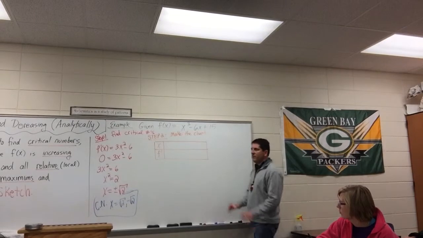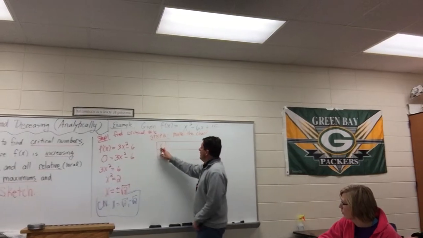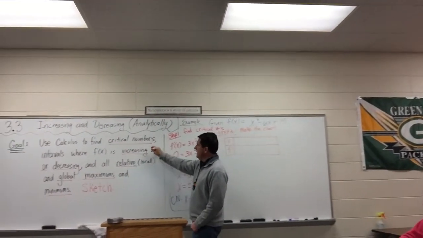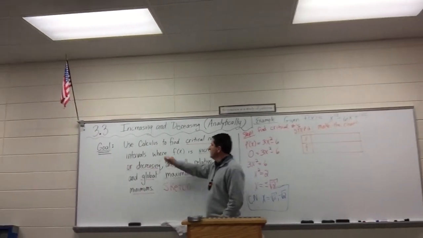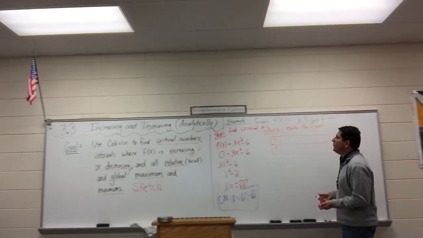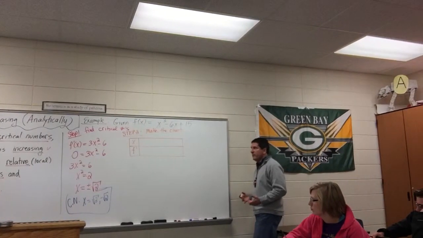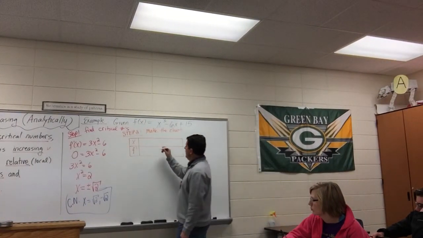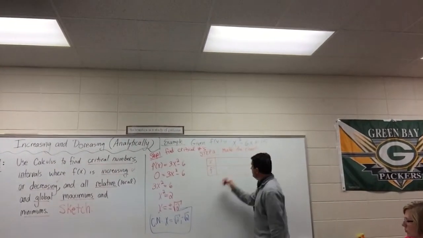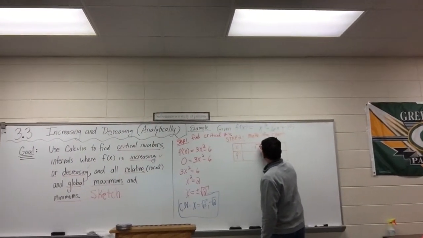Now, think about it. We want to find out where the function is increasing or decreasing. Okay, so we just need to know, hey, where is the derivative positive and where is the derivative negative? Well, I'm going to pick two values that I know for sure what they are.